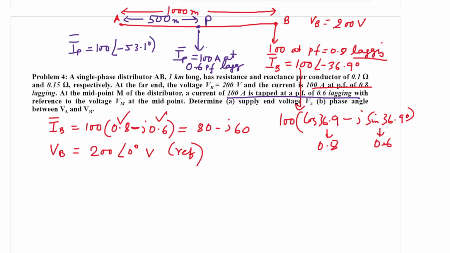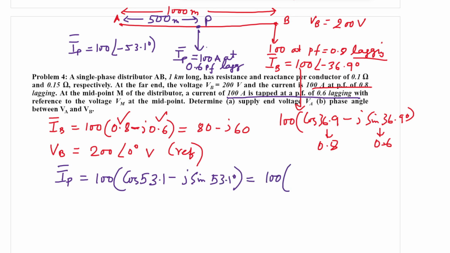So IP you can straight away write as 100 (cos 53.1 minus j sin 53.1), which is equal to 100 (0.6 minus j0.8), that is equal to 60 minus j80 ampere.